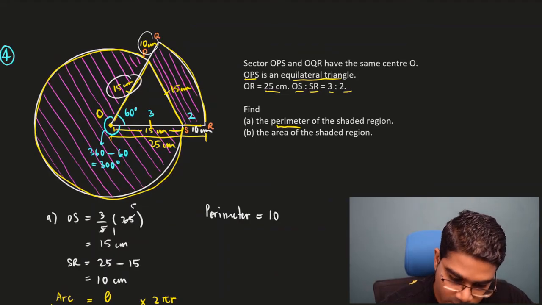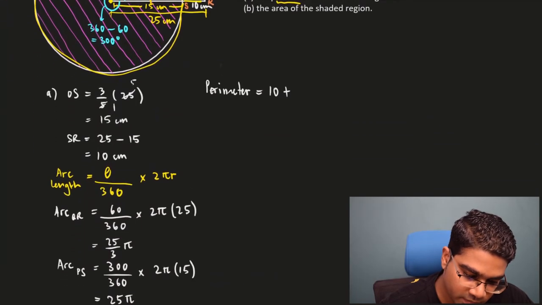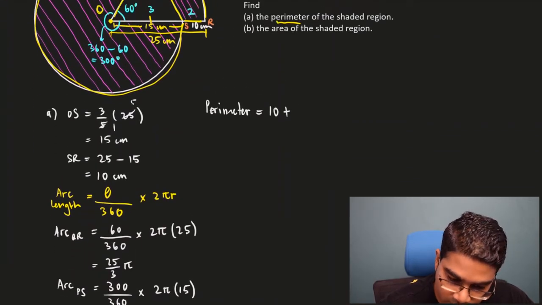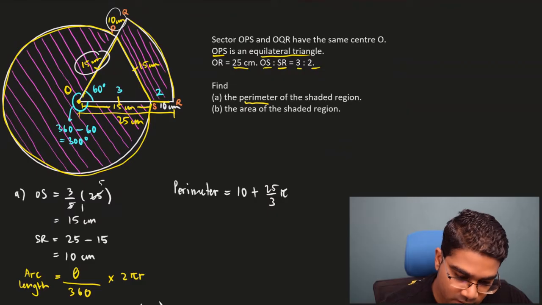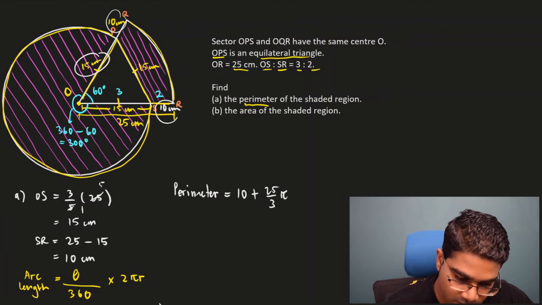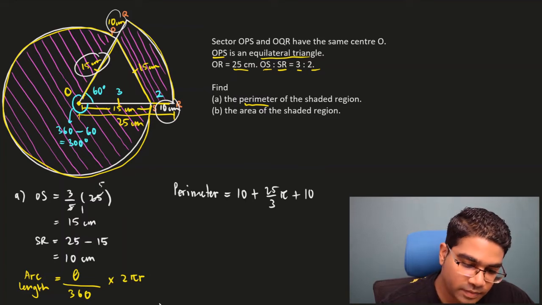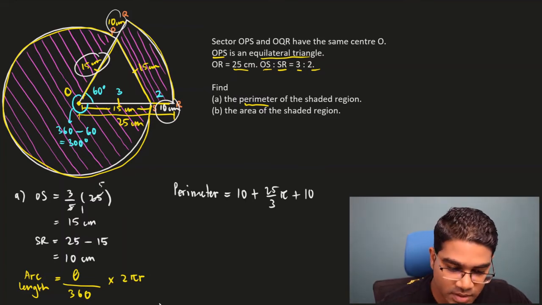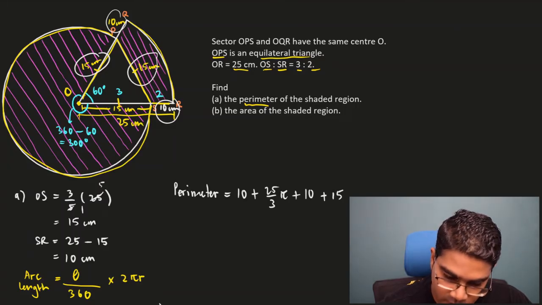Plus QR, which we've already found to be 25 over 3 pi. And then we have RS, which is 10 plus 10. And then we have SP, which is 15 plus 15.